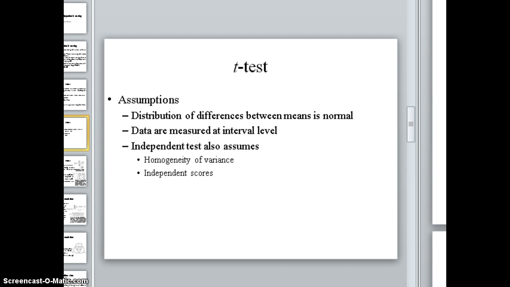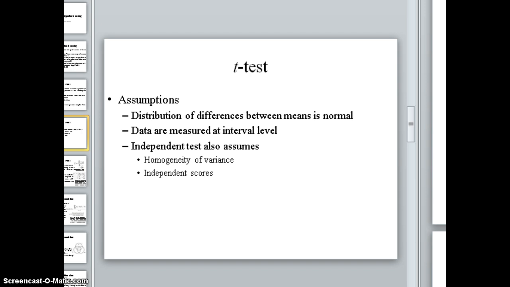For the t-test, you also want to be sure your data were measured at least at the interval level. And then for the independent samples t-test, it's also important that the variance is homogeneous across the distribution of scores. If it's not, there are statistical adjustments for the t-test for when the variance is heterogeneous, when it's not homogeneous.